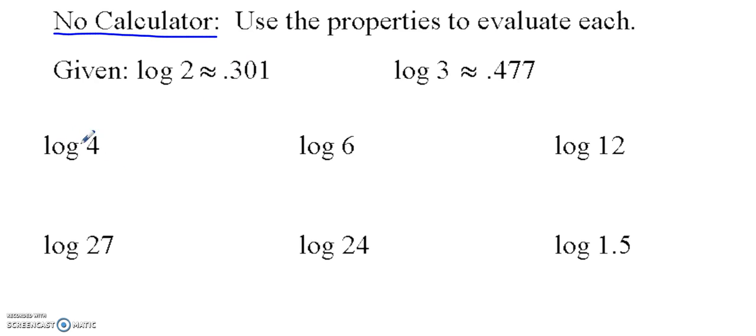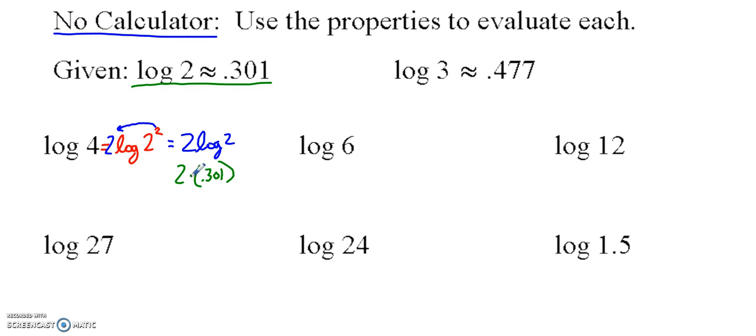So I can take that log 4 and I can rewrite it as log 2 squared. And then I can use that third property of logs to move that 2 out front. So this is 2 log 2, which means it's 2 times 0.301, which is 0.602.